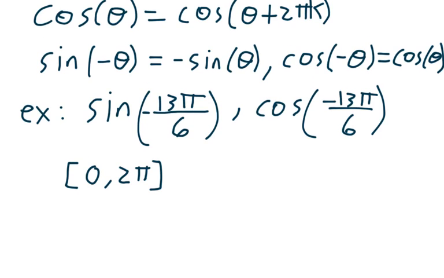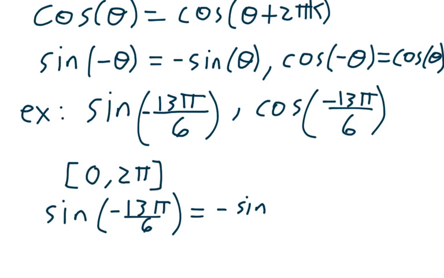Okay, so for negative 13 pi over 6, using the above, sine of negative 13 pi over 6 is equal to negative sine of 13 pi over 6. Okay, that's good. So it's enough to know what sine of 13 pi over 6 is.